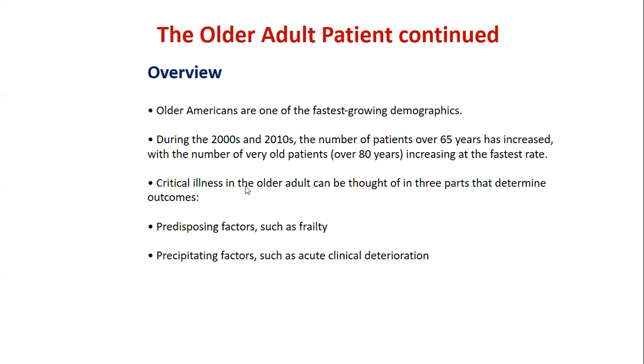Critical illness in the older adult can be thought of through three parts that determine the outcome. Predisposing factors such as frailty, also precipitating factors such as acute clinical deterioration.